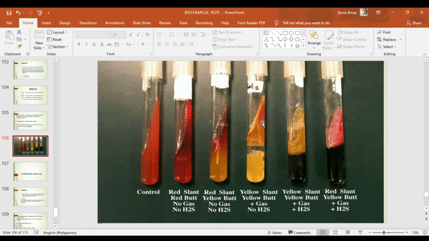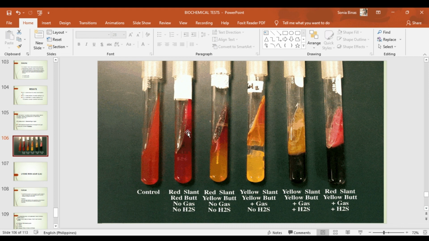Ano po? So, itong sa gitna naman po, nakikita natin may crack siya sa gitna, meaning it produces gas production. So, yellow siya meaning A over A or acid over acid. Wala siyang H2S or blackening of the agar.